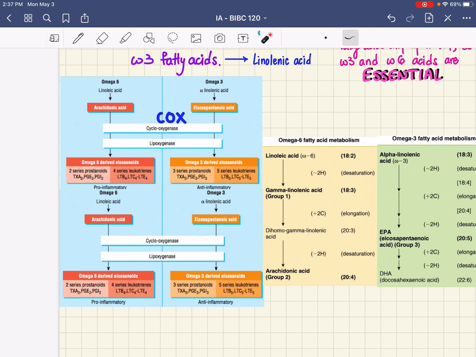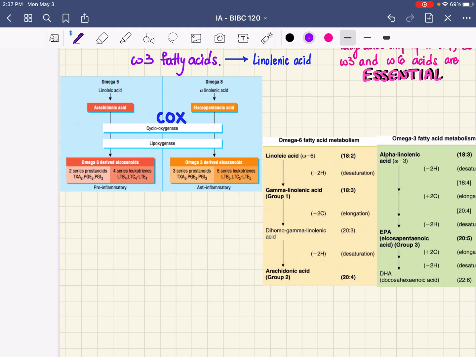Okay, and blood clotting. Oh my gosh, this lecture is a mess. I'm going to delete this because it's the same. Okay, but I will write it for you here.